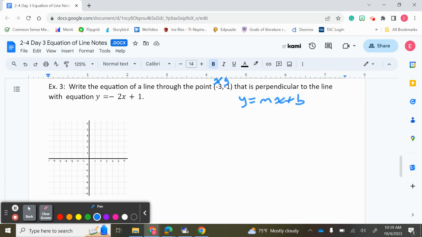However, the m part this time, we have to use m is equal to positive, that's the opposite part, and then we have to turn this to a fraction, 1 over 2. So this right here is the opposite reciprocal slope.